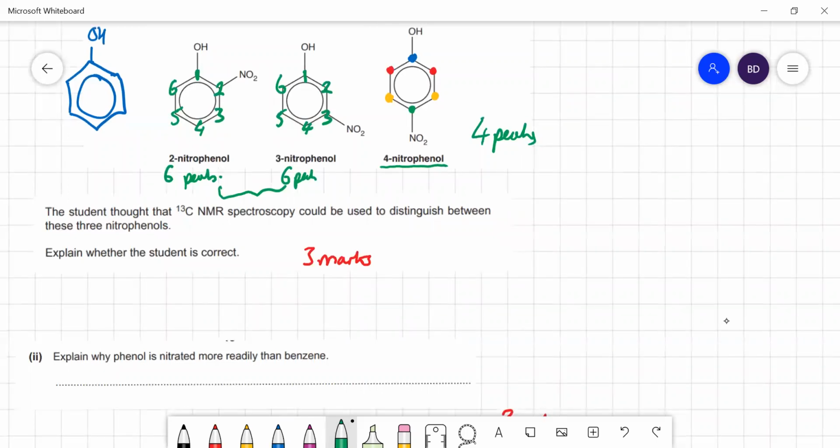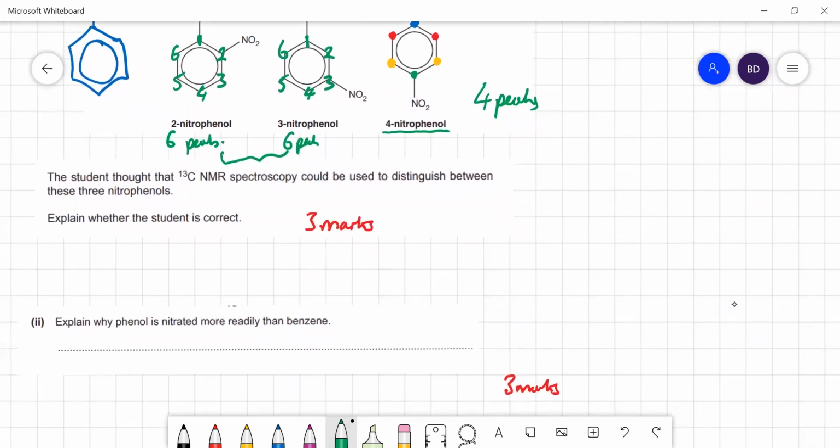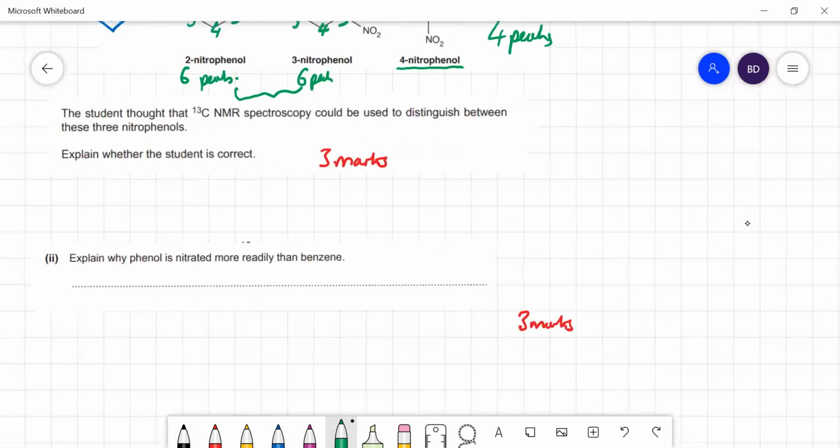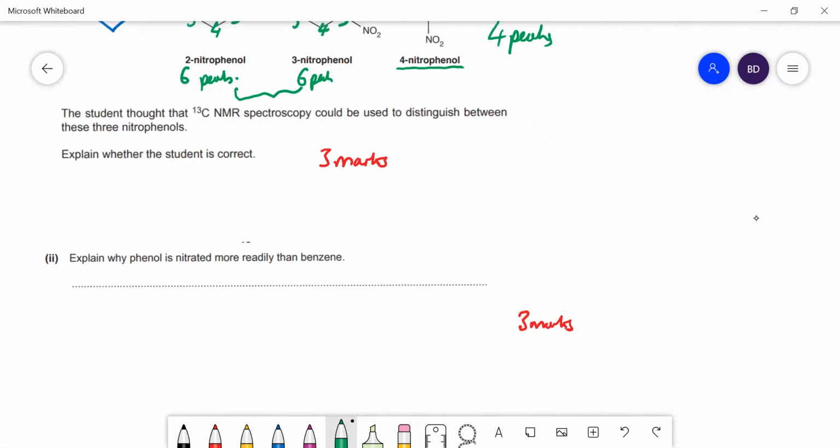Right, why is phenol nitrated more readily than benzene? For 3 marks. So what do we need to say here? Well, nitration occurs by electrophilic substitution, and the electrophile is the NO2 plus.